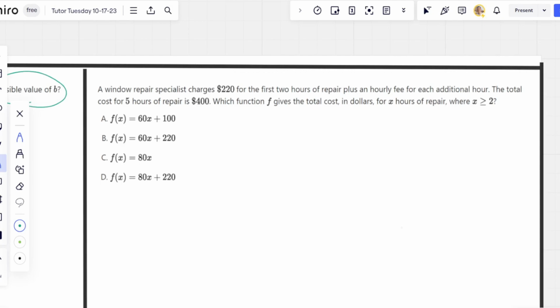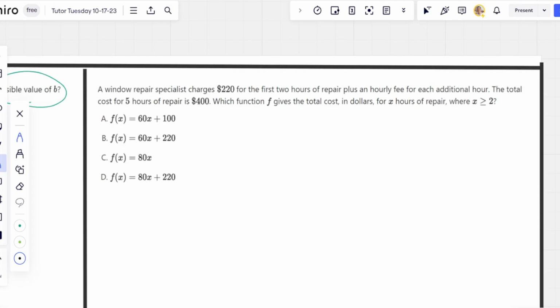Next question here. A window repair specialist charges $220 for the first 2 hours of repair, plus an hourly fee for each additional hour. The total cost for 5 hours of repair is $400. Which function f gives the total cost in dollars for x hours of repair, where x is greater than or equal to 2? Okay, so total cost where x is greater than or equal to 2.